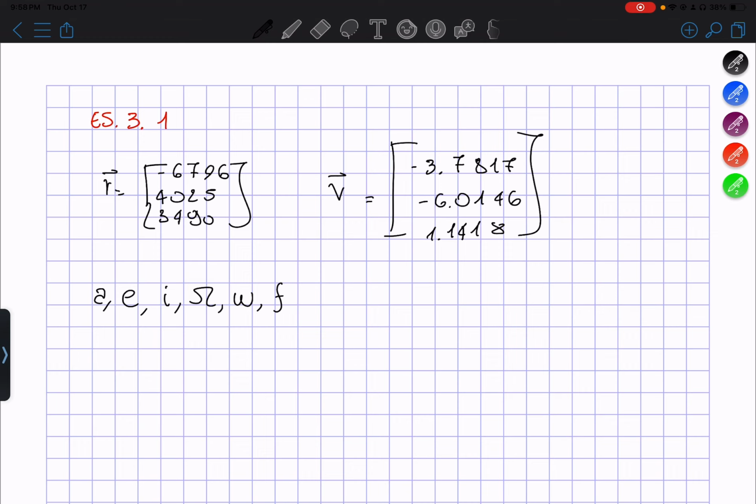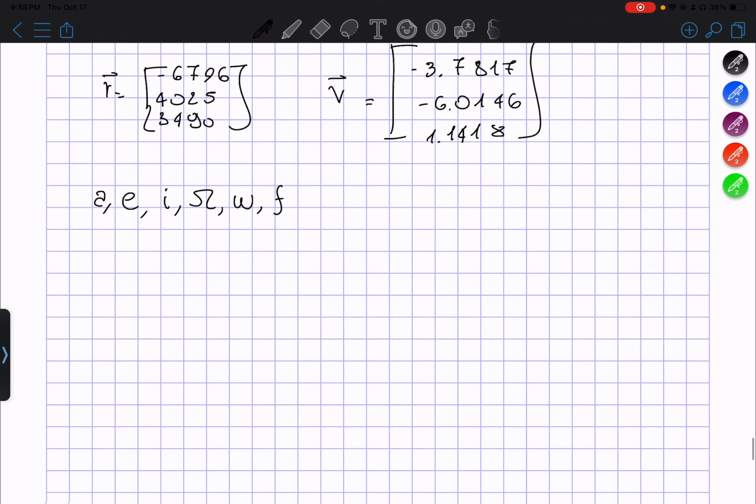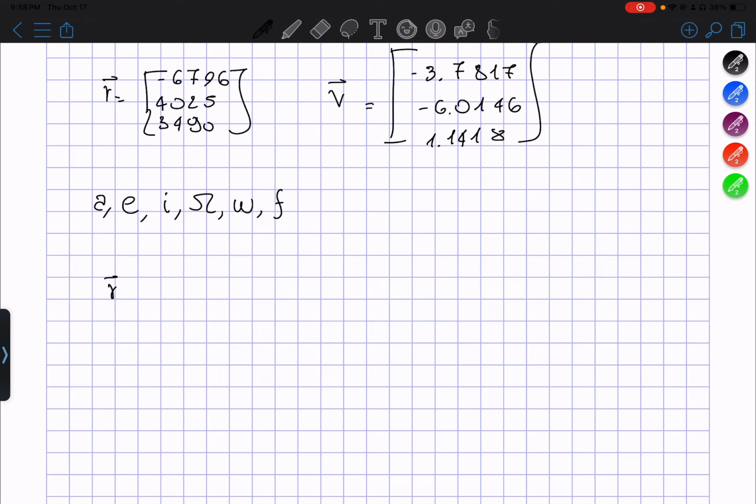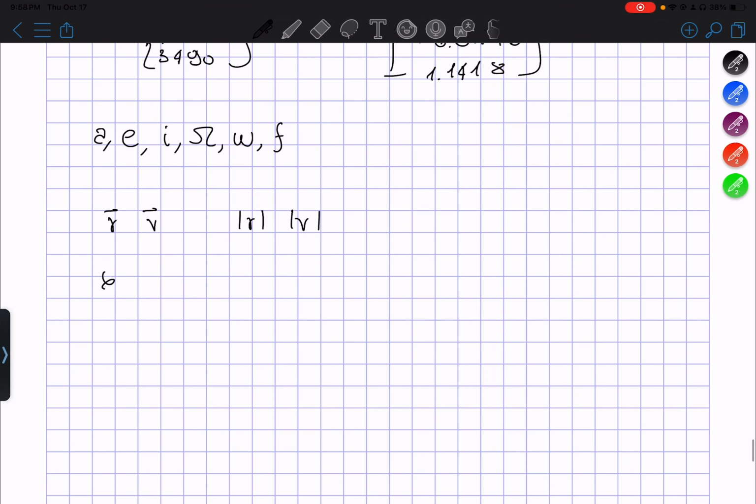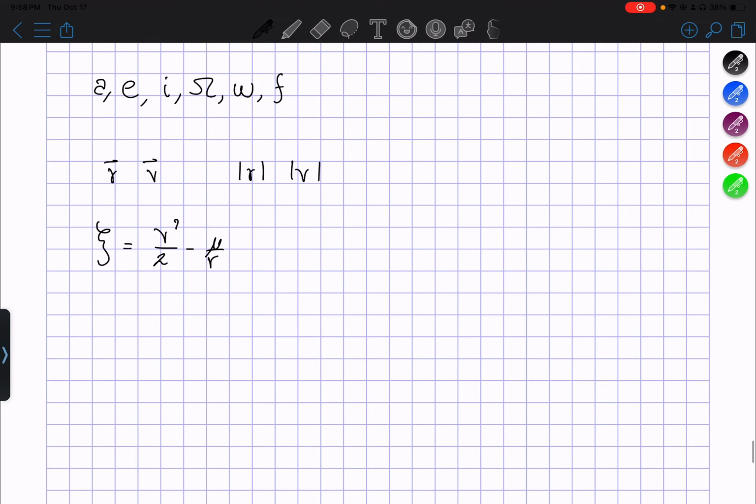Okay, so now in order to do this, starting from A, how do I find A? Well, I have R and V in vector form, but I can find their magnitudes. And then I know that zeta, the specific energy, is equal to V squared divided by 2 minus mu over R. But it's also equal to negative mu over 2A.